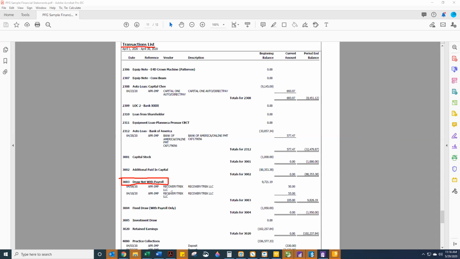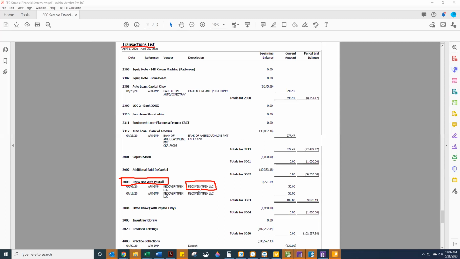And this is the one account on your financial statements that you will not actually get a business deduction. So for us at PFG, what we do is we look at every transaction each month, and if it looks like something that might be a personal expense instead of a business expense, we will put it here and you won't get a deduction for it.